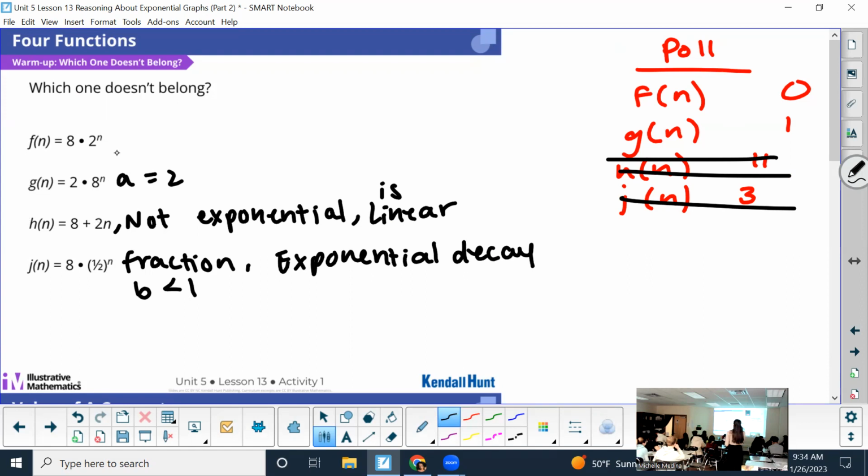Well, if you've noticed the trend for these, what's the trend for all the which one doesn't belong? Usually there's reasons why each individual one could not belong. So we found the reasons for these three. Someone tell me why F of N doesn't belong, even though no one really thinks about it.